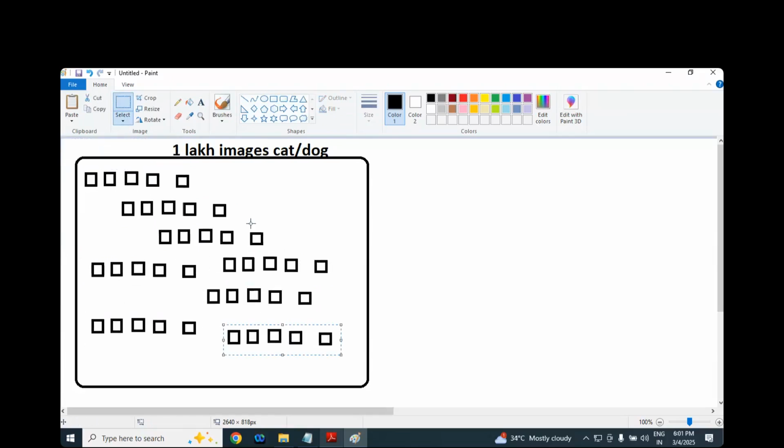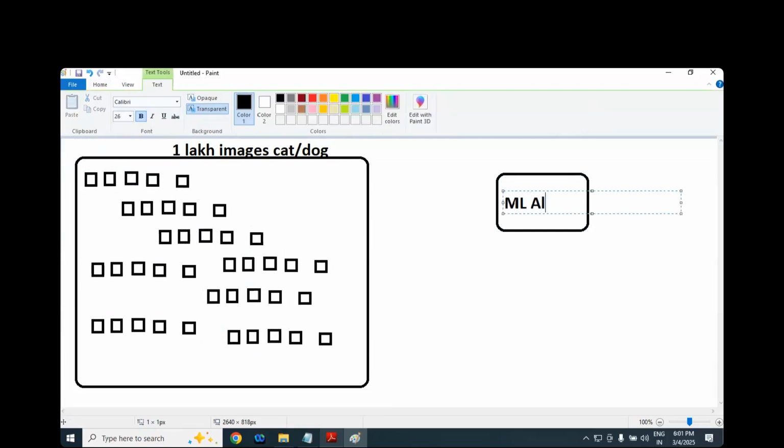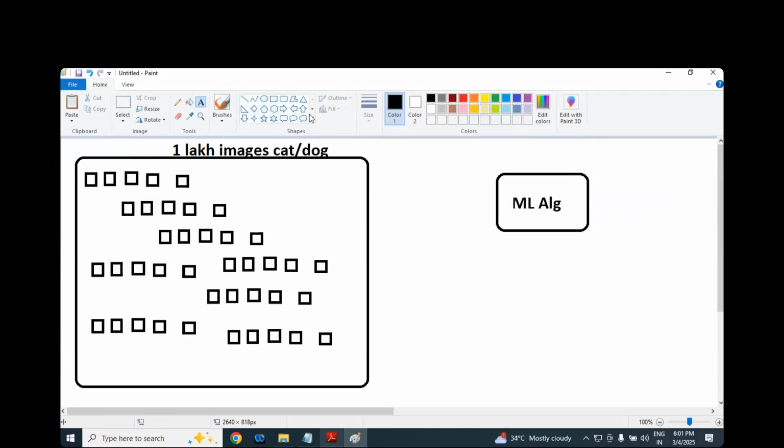Okay, Daniel, what is your plan? So think there is one ML algorithm, a machine learning algorithm. Take this ML algorithm. If you have trained it with this images data, now here is a story, please make a note of this.